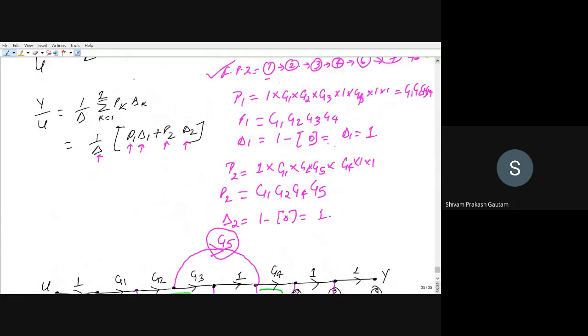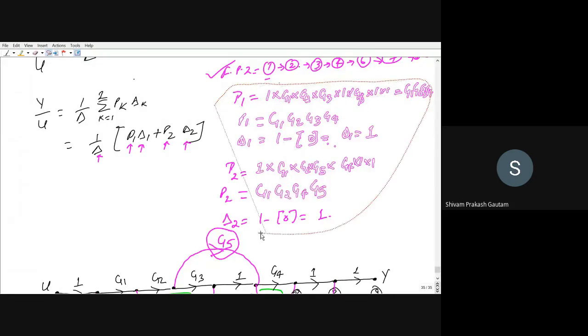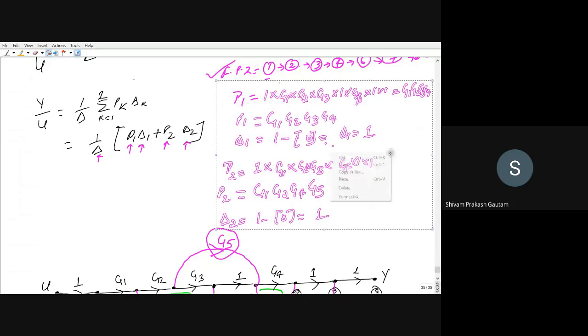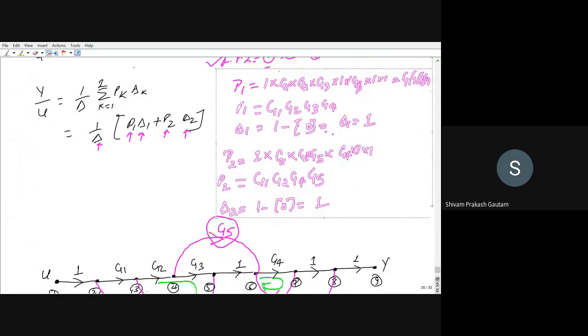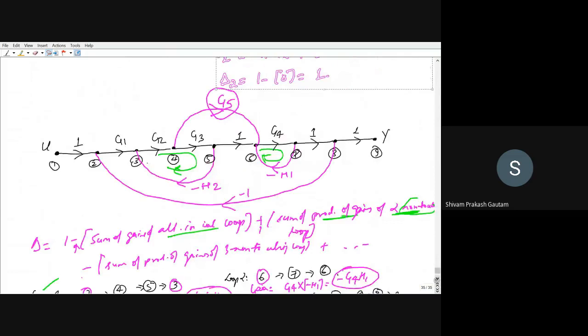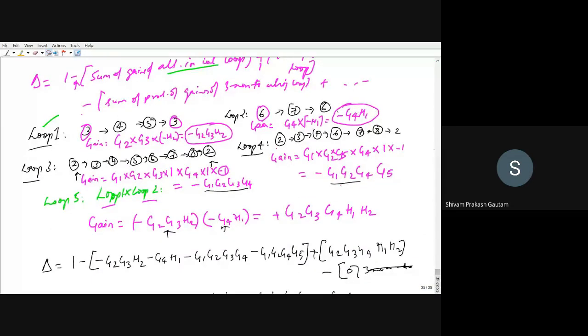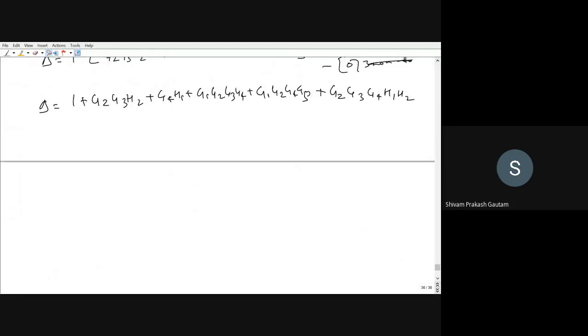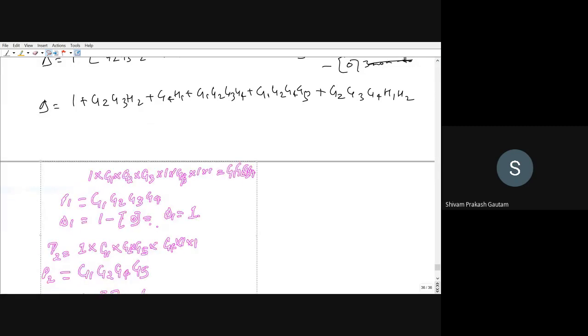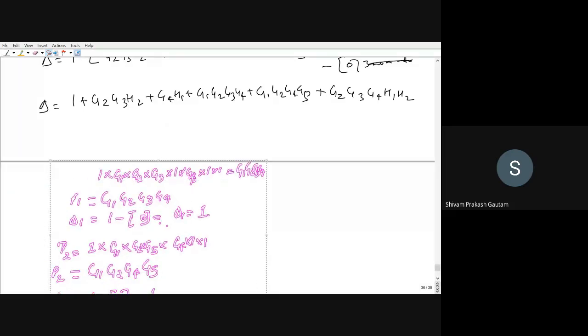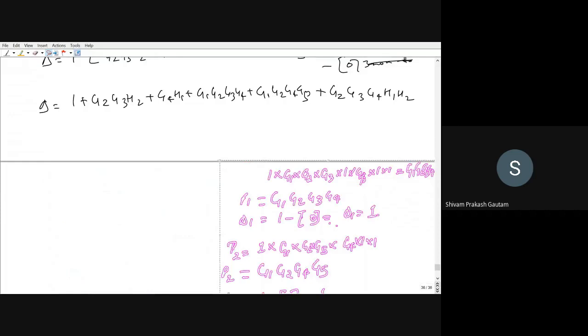So you can see from here. Now you have to form the transfer function. Okay.